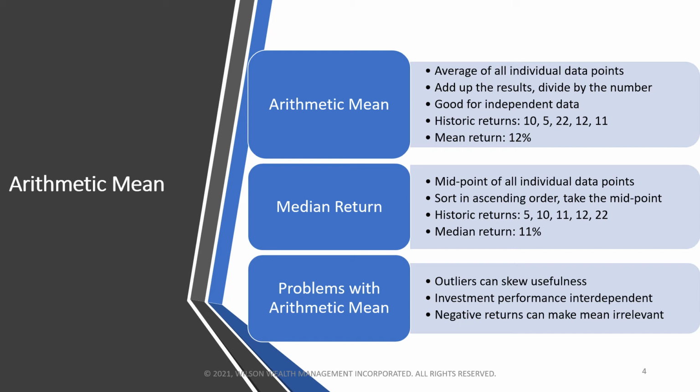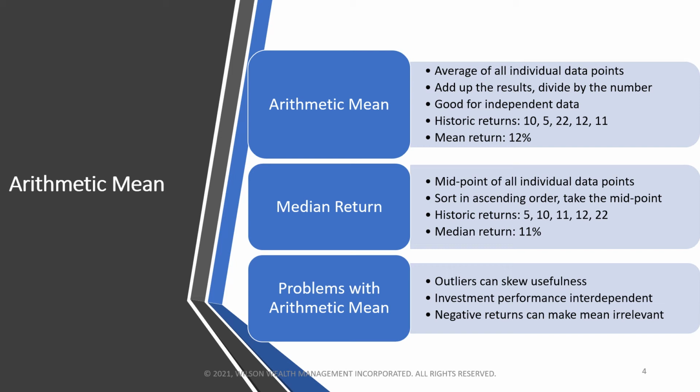But investing is not independent. So if I had, I don't know, $1,000 and I lost 10% that first year, I'm not starting with $1,000 the next year when I earn 20%. I'm only starting with 900.